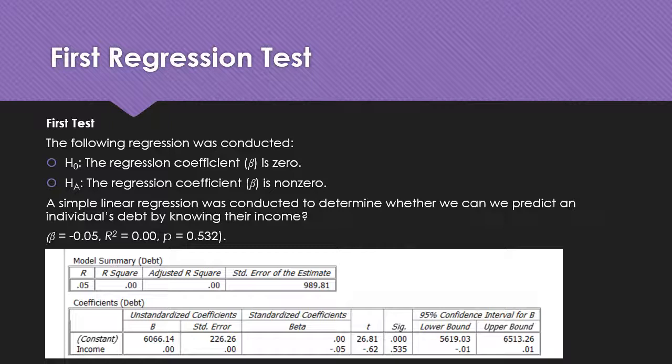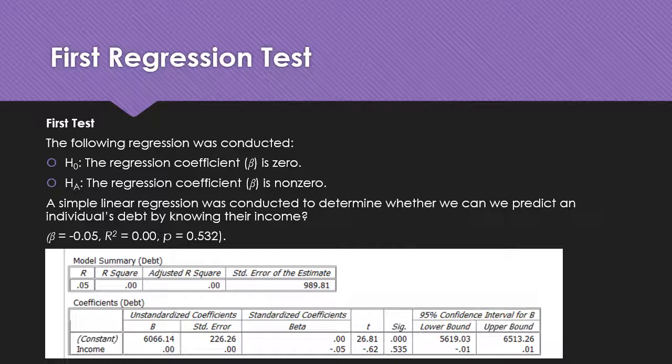The value of R squared, or the adjusted R squared, is also a way to represent how much variation is actually explained by the model. We can see here that the adjusted R-square is 0. So in this particular case, we determined that it was not possible to predict an individual's debt by knowing their income.